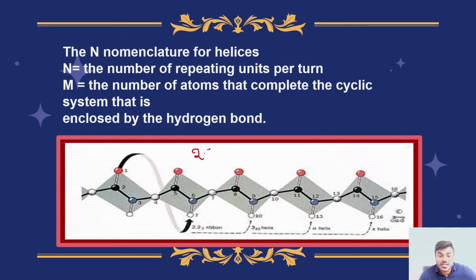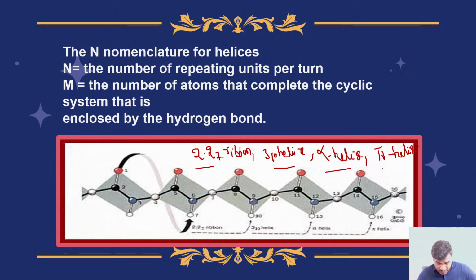What are the other types of helix? Every student please remember, friends, you have to remember all. Other types of helix: 2.7 ribbon, 3-10 helix, and whatever we have studied is the alpha helix, and friends, pi helix. So there are different types of helices present in the secondary structure of a protein.